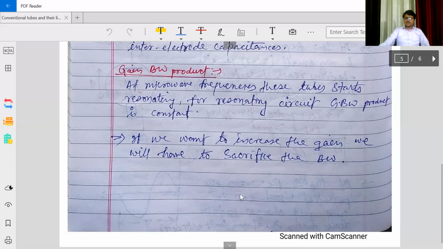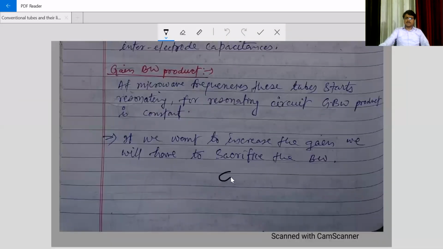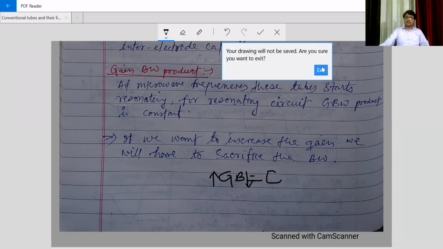So that is very simple. Gain bandwidth is constant. Now, if we want to increase this gain G, the bandwidth will have to decrease because the multiplication is constant. If one increases, the other has to decrease. So if we want to increase the gain, the bandwidth will automatically decrease.